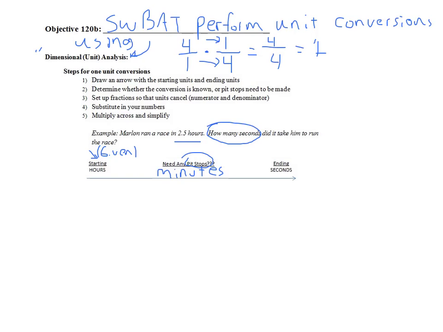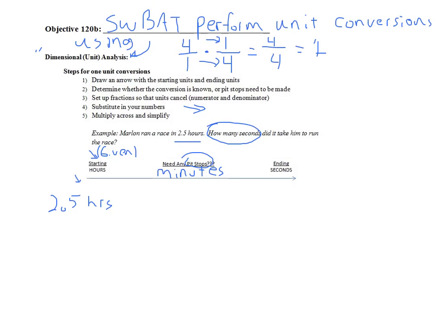Alright, let's actually go ahead and do this one. You should have a little bit of room underneath this line in your notes, so you're going to have to write small. You can also do it up here if you want. I'm going to write down here because I have a little more room. So let's write 2.5 hours.